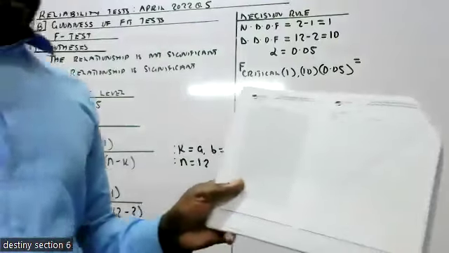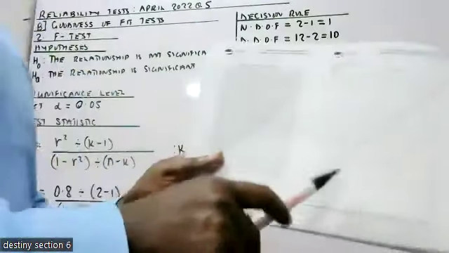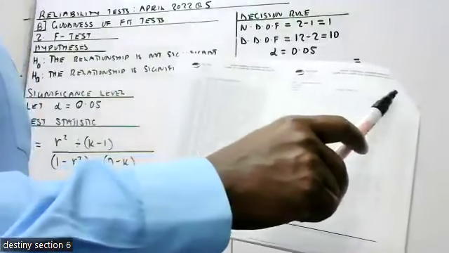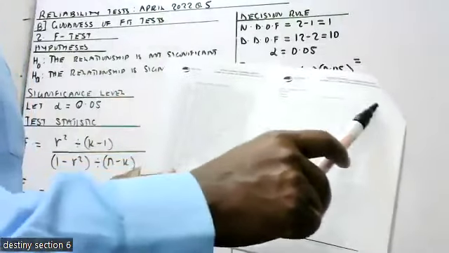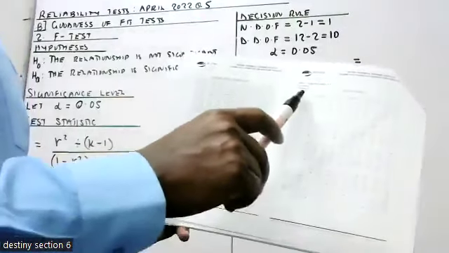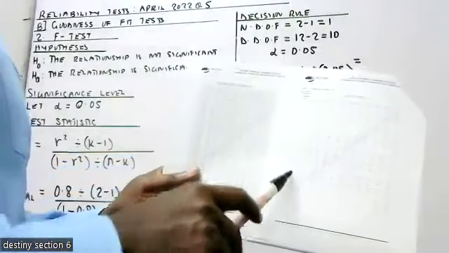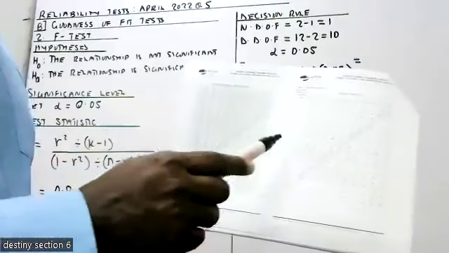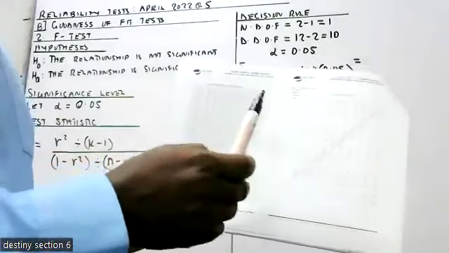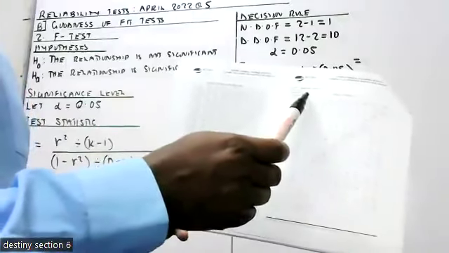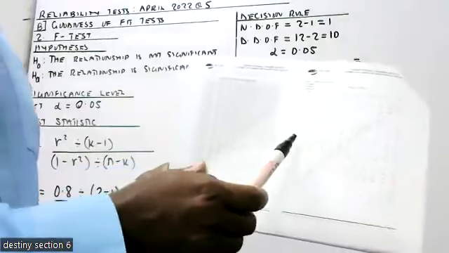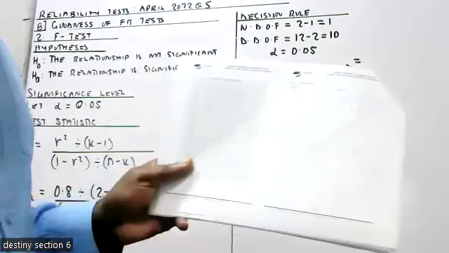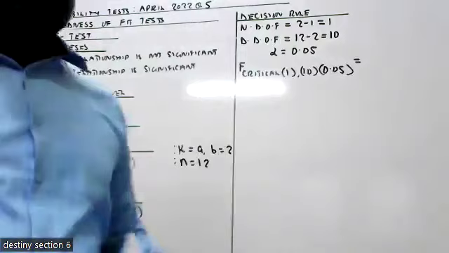If you can see that table, these ones on the top here are the numerator degrees of freedom, and these ones going down are the denominators. So you go to the numerator, which is 1, so you stop at column 1. Then you go down to the denominator, which is 10. Tell me what you are getting.